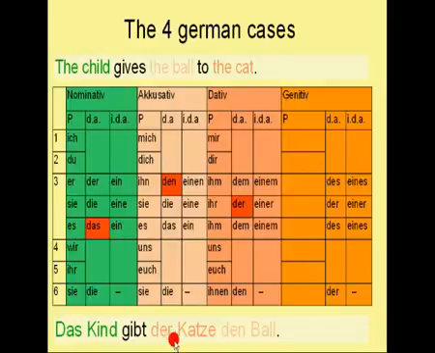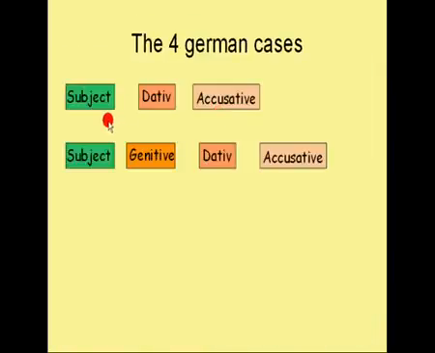Now, as you can see, the word order in German is switched, so it's not like in the English language that the direct object comes first and then the indirect object, but it is switched. But anyway, this is the normal word order in German, okay?